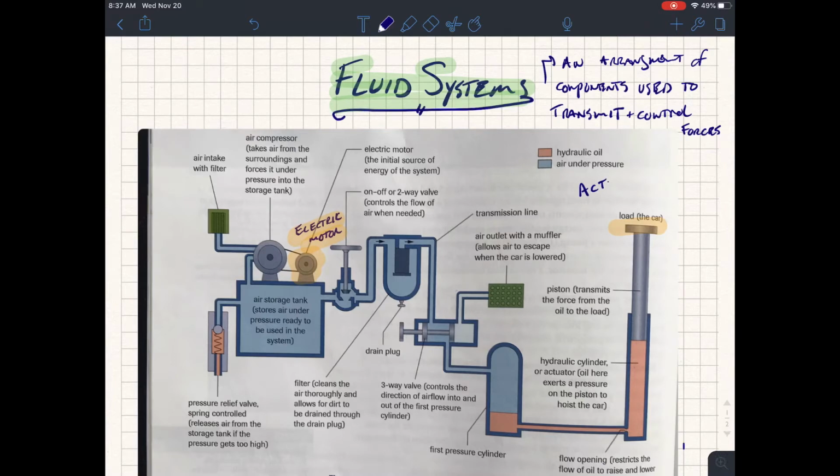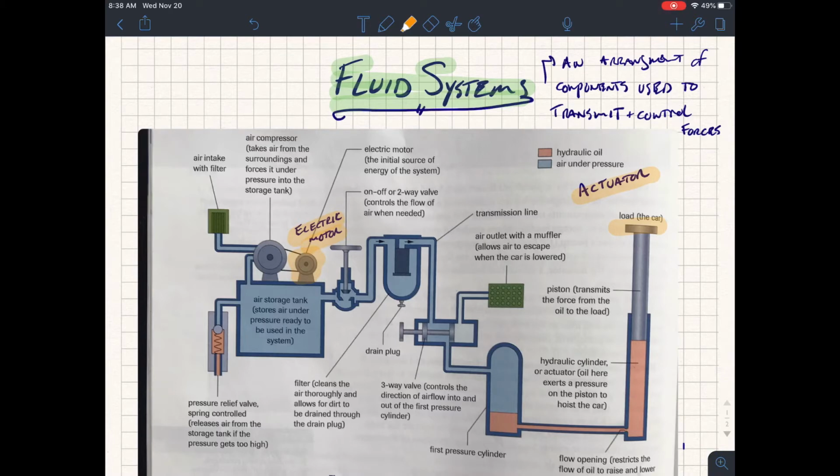This is a generalized term. There are lots of different types of actuators, but the actuator happens at the end of a fluid system and transforms that fluid pressure and force into some other type of energy. The question is, what other types of actuators are there? We're going to get you to know just a couple of those.